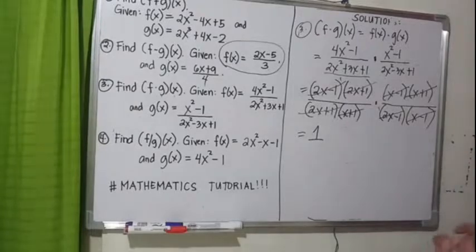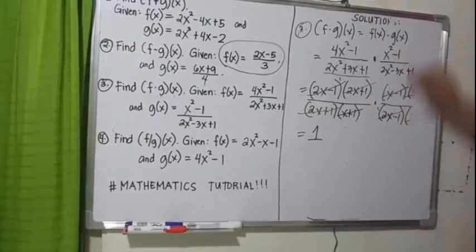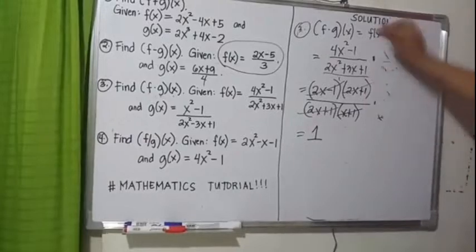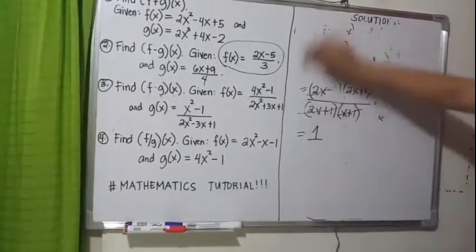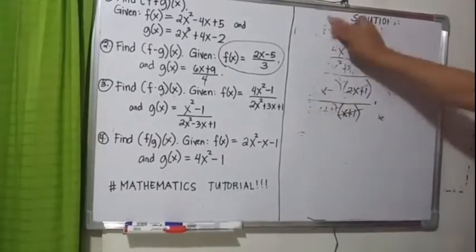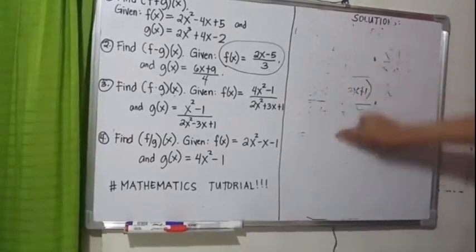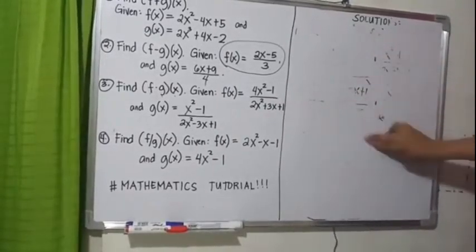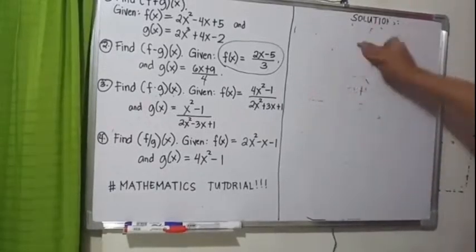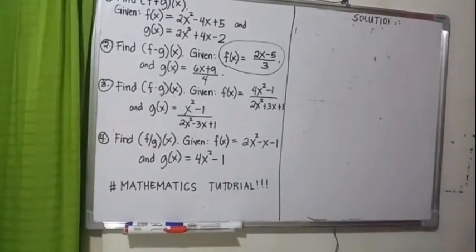Ito yung quotient of the given function. Number 4. Quotient or division. So example number 4.